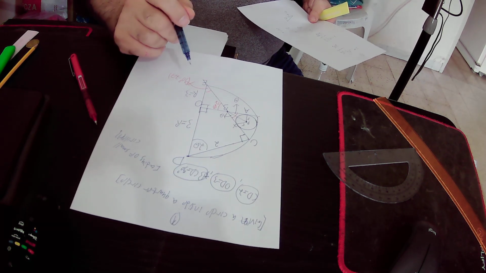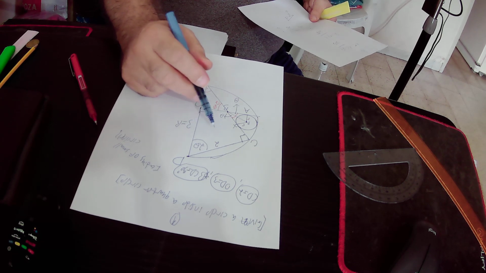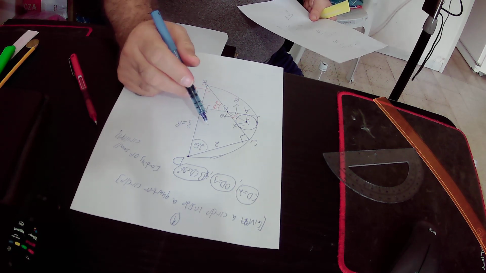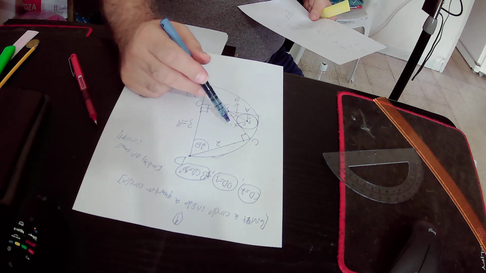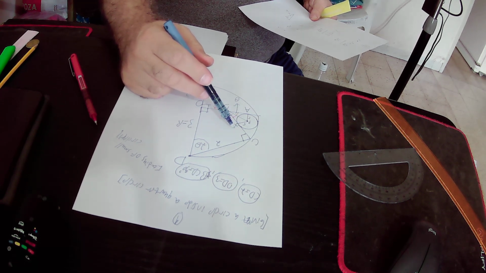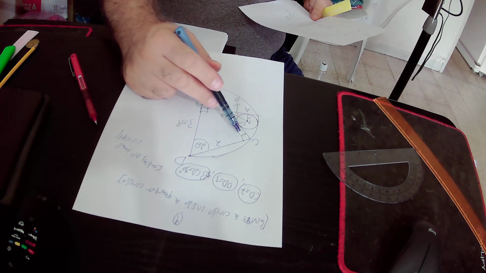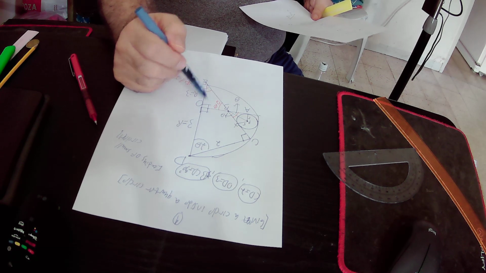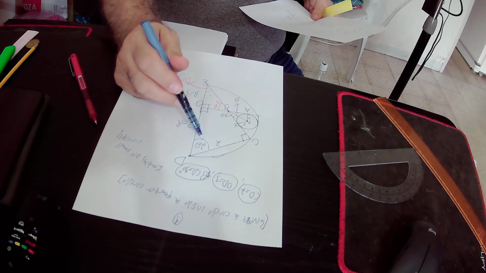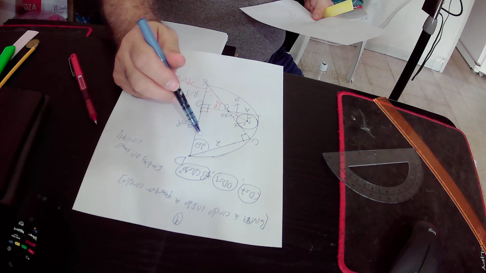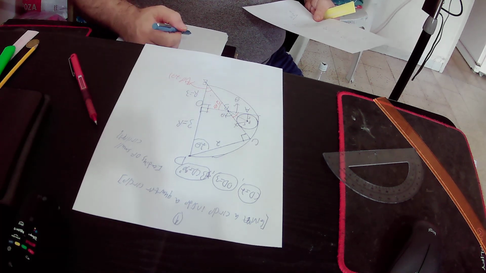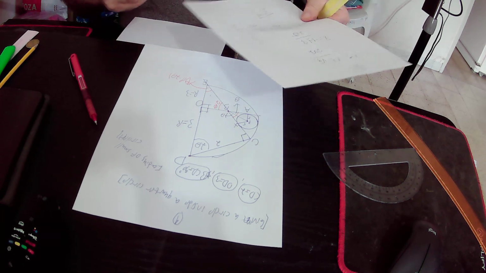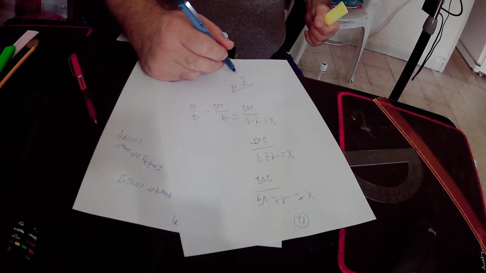If you look at triangle DCE, we have an angle of 90 degrees, so if this angle is 90 degrees, then the sum of those two angles will be equal to 90 degrees, so angle theta itself must be less than 90 degrees.